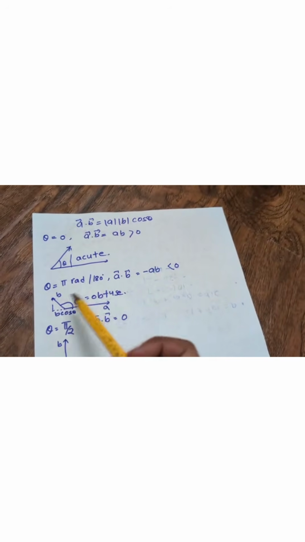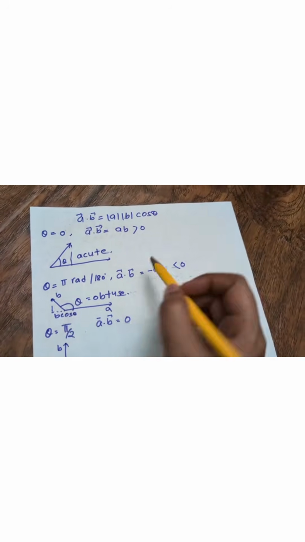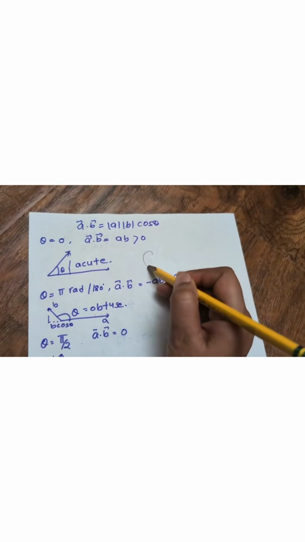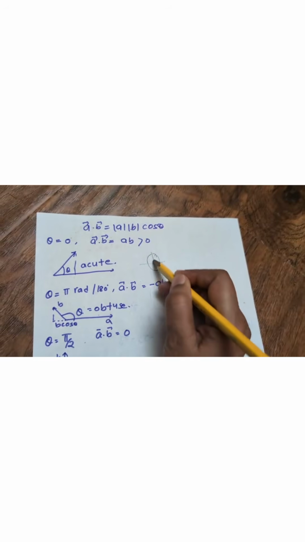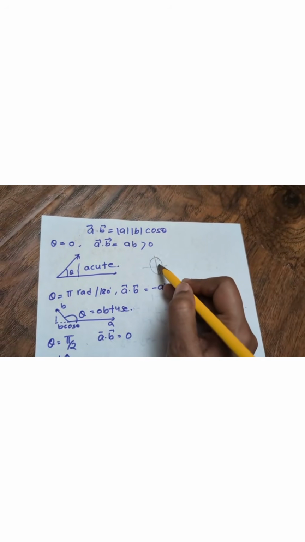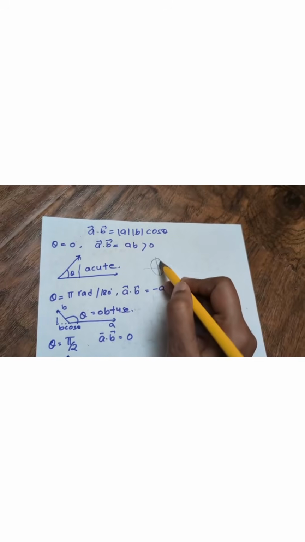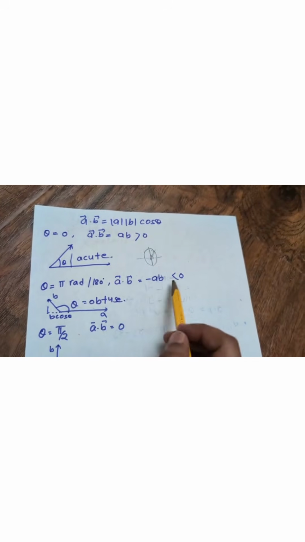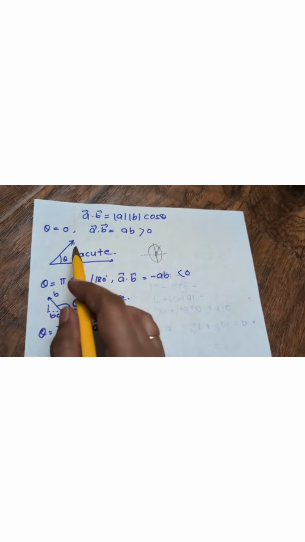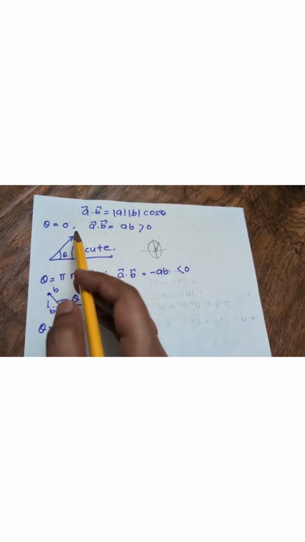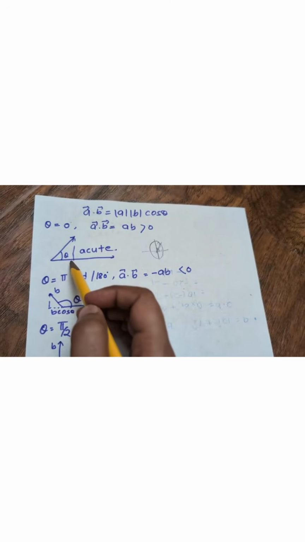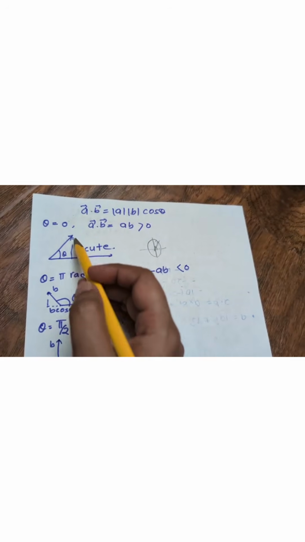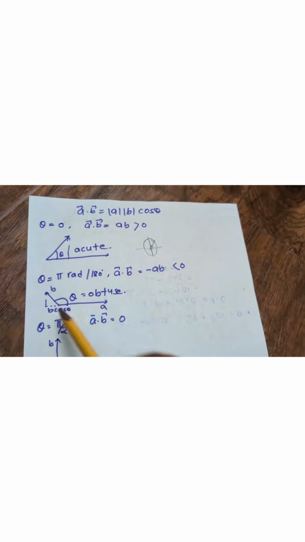When you get a positive value, that means theta is acute. If this is the unit circle, the angles will lie in the first quadrant. That means they are more aligned to each other. The lesser the value of theta, the more aligned they are.